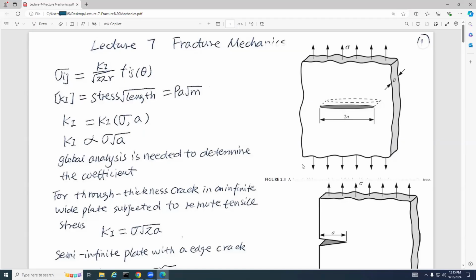So you can see sigma is a function of 1 over r. This can be a very complex function. You can see the unit of K_I equals stress times square root of length, so the international unit is Pascal square root meter.